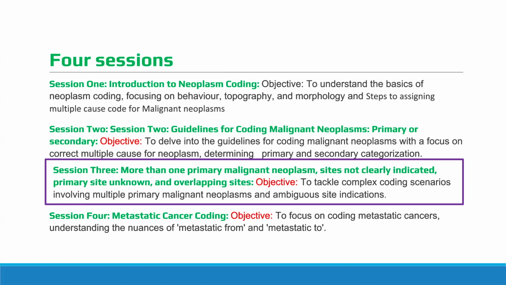Session 4, Metastatic cancer coding, with the objective of focusing on coding metastatic cancers and understanding metastatic from and metastasis to concepts. This slide uses a simple layout with clear objectives and topics for each session, emphasizing a professional and informative approach to neoplasm coding training.